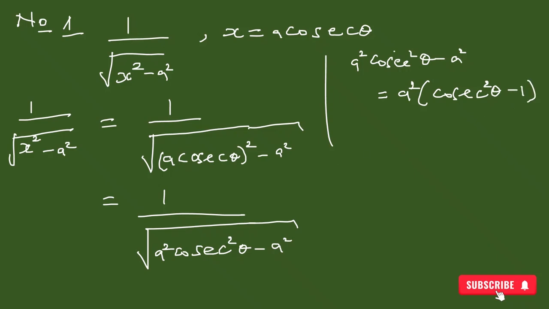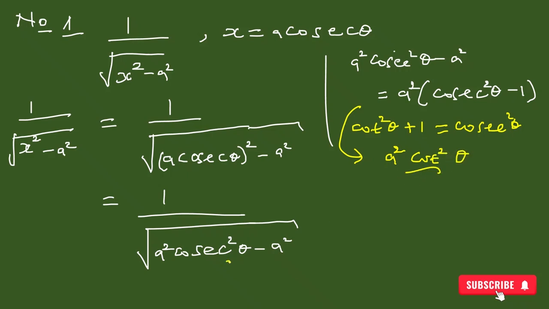If you remember, there is an identity that we proved, which is cot squared theta plus 1 equals cosec squared theta. If we substitute this here, we shall end up with a squared times cot squared theta under the square root.